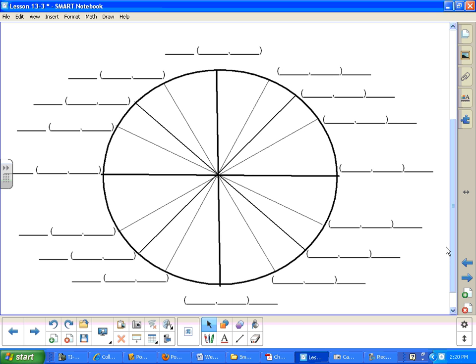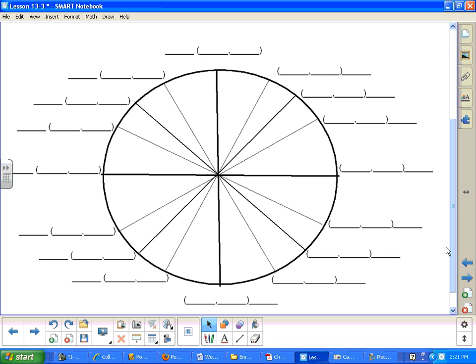So, okay, unit circle. The reason this is called the unit circle is because the radius of the circle is 1. Okay? Makes it easiest that way. And what we're going to do is put on here degrees, radians, and sine, cosine, and tangent.